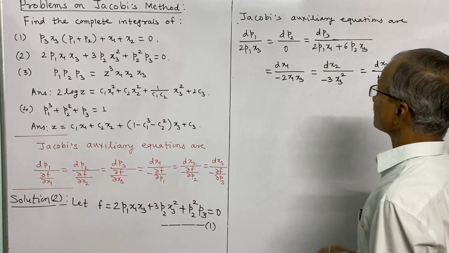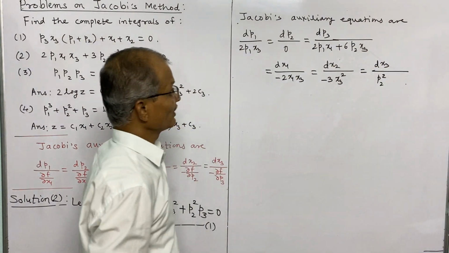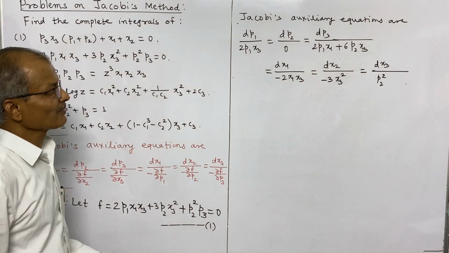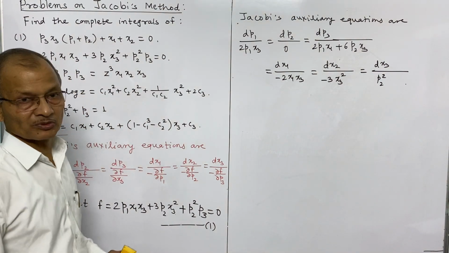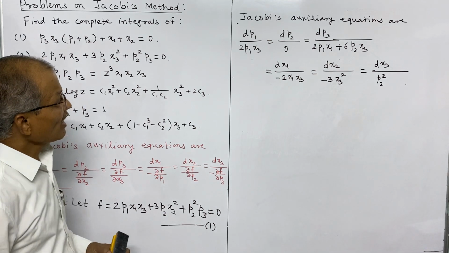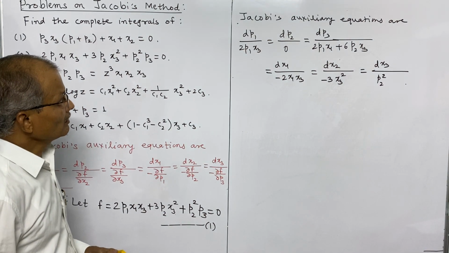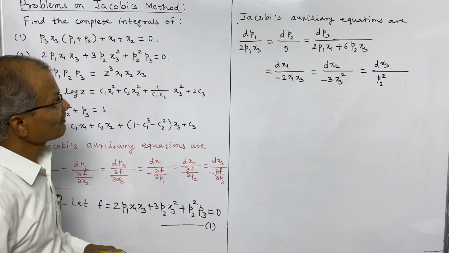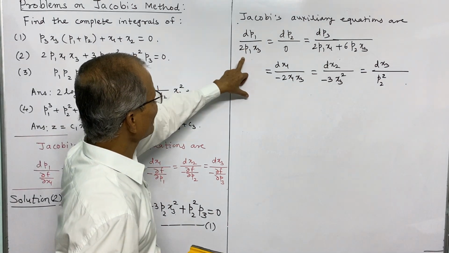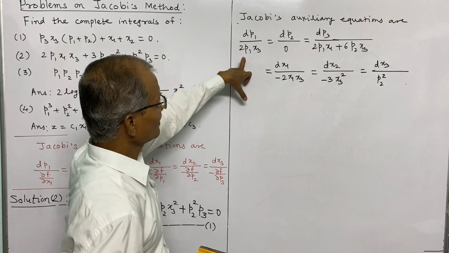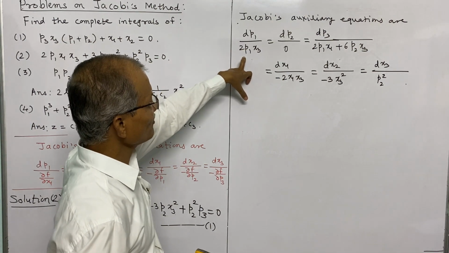So these are the Jacobi's auxiliary equations. Now we may observe which fractions can be taken together to get the solutions for p1, p2, p3.